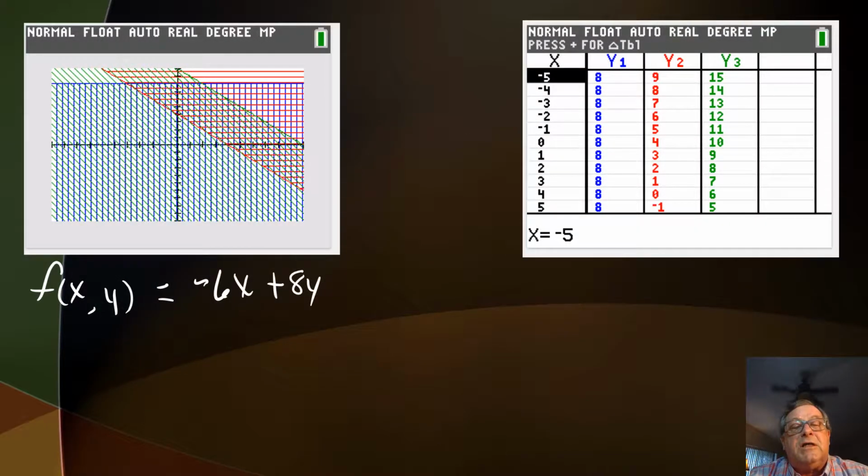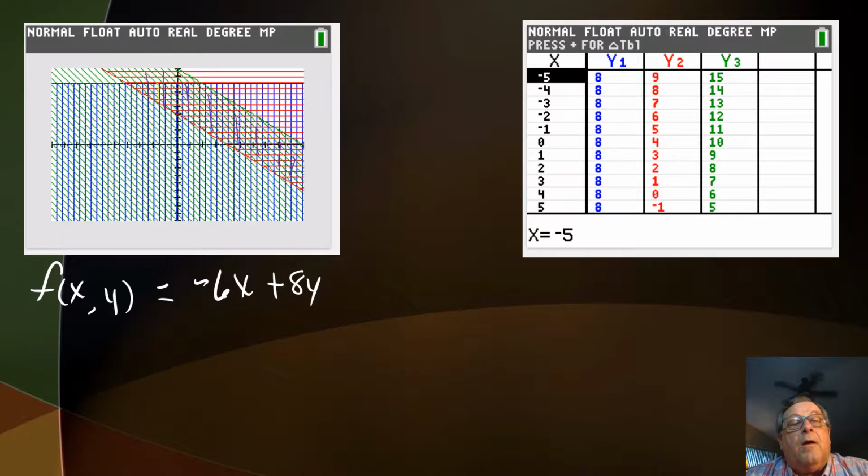And here you can see that I graphed these. And our region that is in common, let me see if I can get a color that'll show up, is right in here.